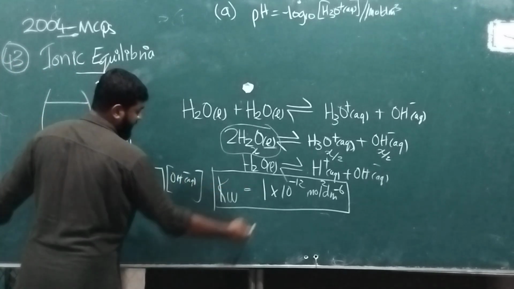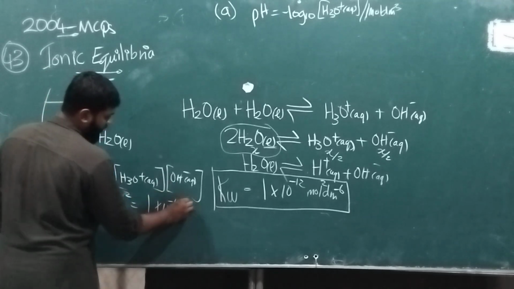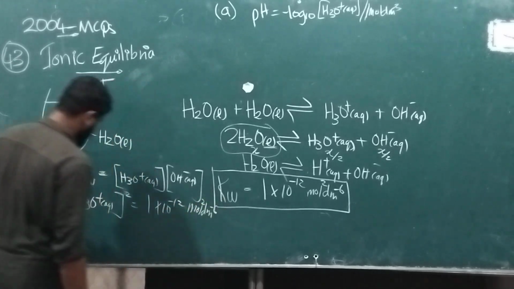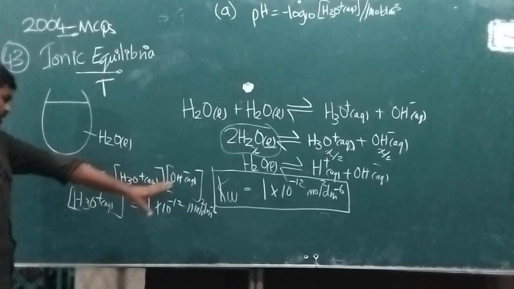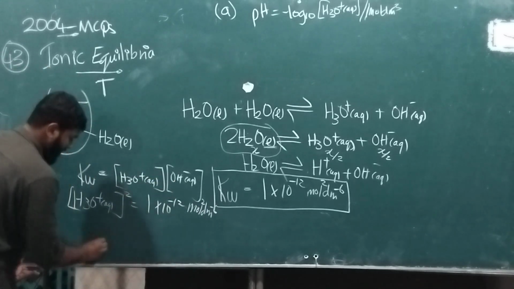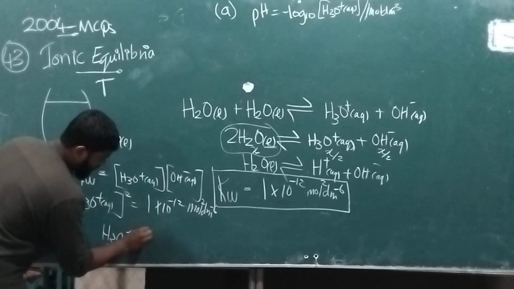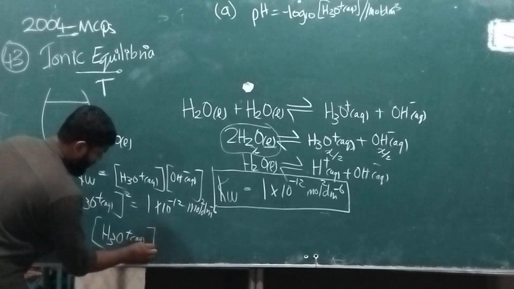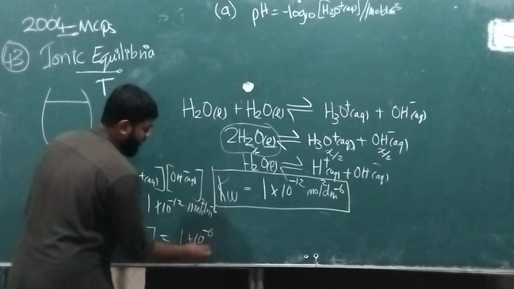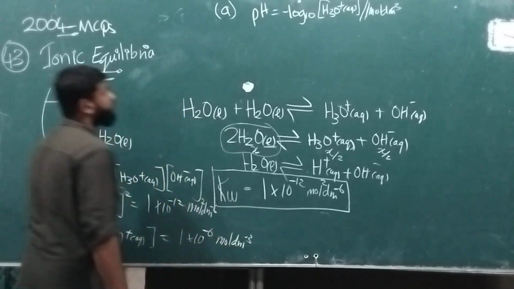So H3O plus aqueous the whole thing squared is equal to Kw. What Kw have they given? 1 into 10 to the power minus 12 mole square decimeter minus 6. If you bring the square to the other side, you get a square root. So the final answer will be H3O plus aqueous is equal to 1 into 10 to the power minus 6 mole decimeter minus 3.